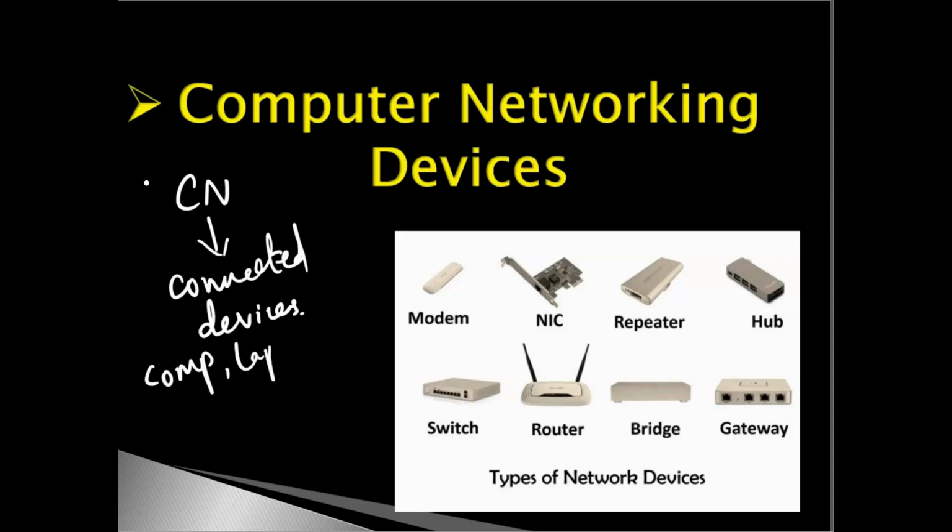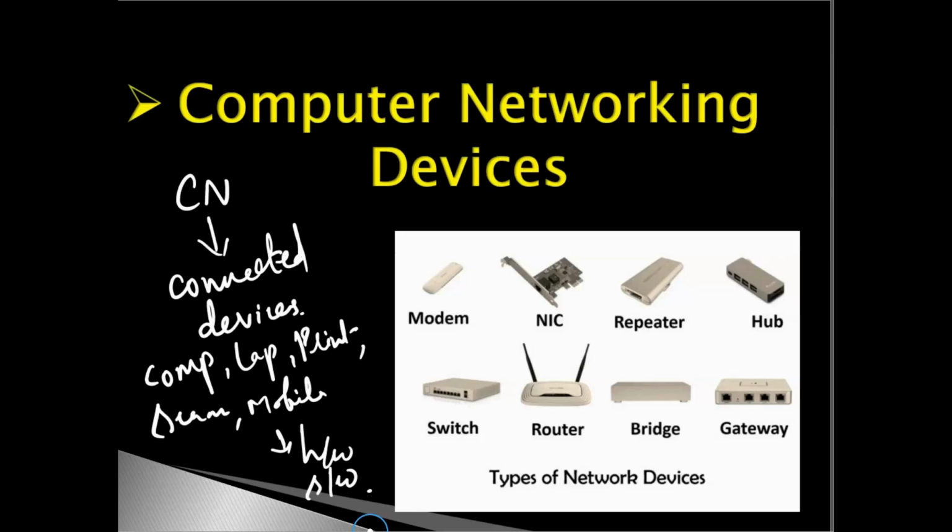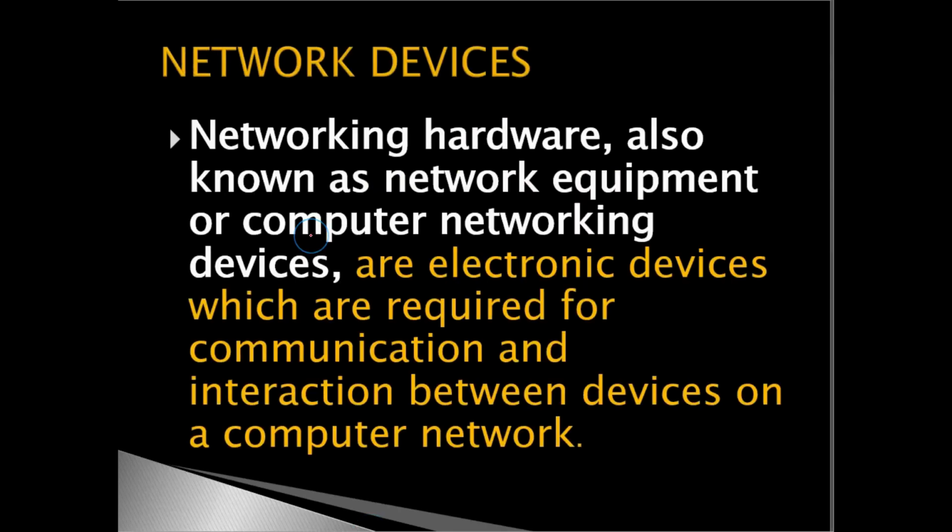Computers, laptops, printers, scanners, so many hardware devices, like mobile devices. All these devices communicate with each other and share hardware and software resources. So why are they connected? To share the hardware and software resources. This is a simple definition of computer networking.